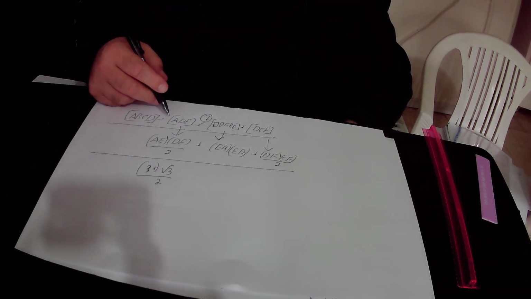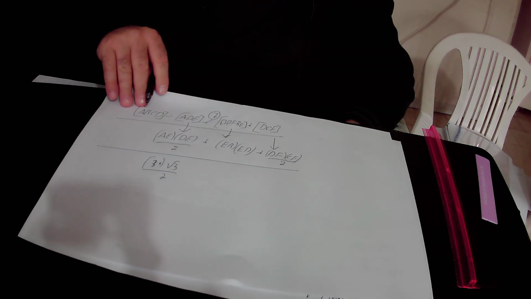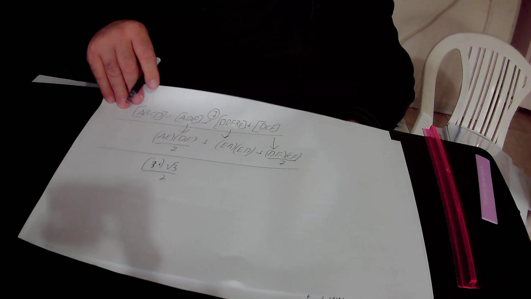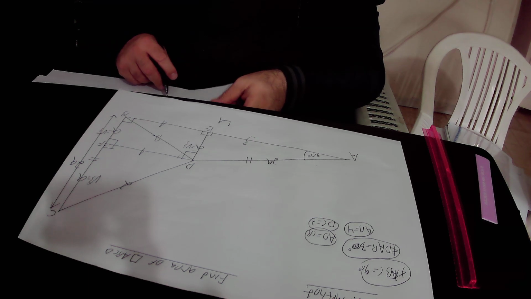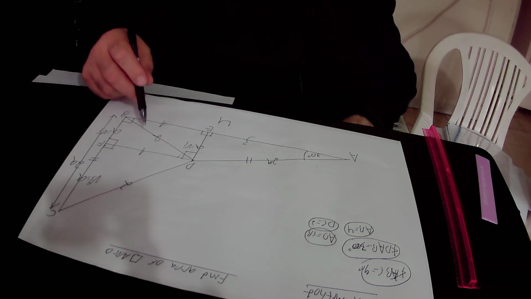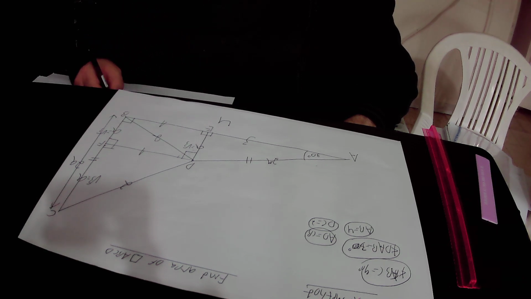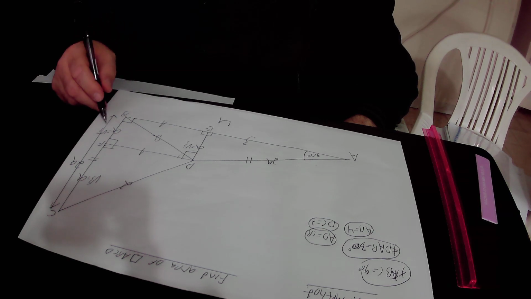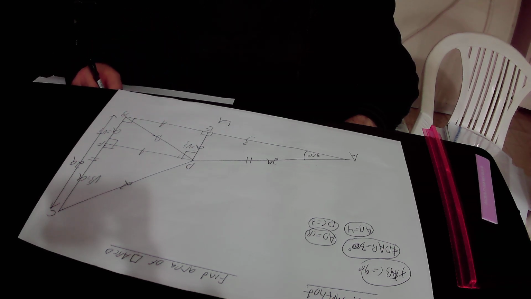So we found out that the area of the right triangle ADE equals square root of 3 times 3 over 2, and the area of the rectangle DFBE will be equal to EB, that is actually 1, times FB, that is actually square root of 3 units, or ED, which is also square root of 3 units.